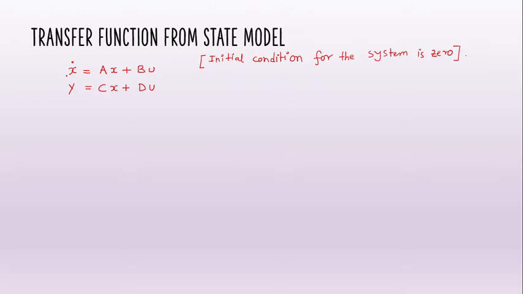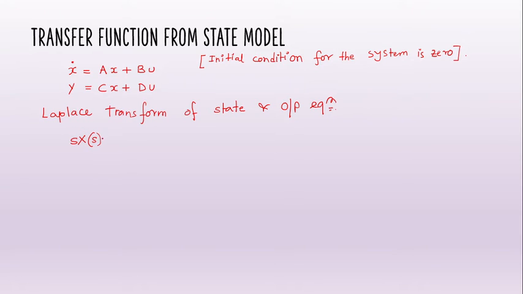So, we will first take the Laplace transform of the state and output equation. Okay. So now first it is the derivative. Derivative means, in the Laplace domain, it will become sX(s), right?